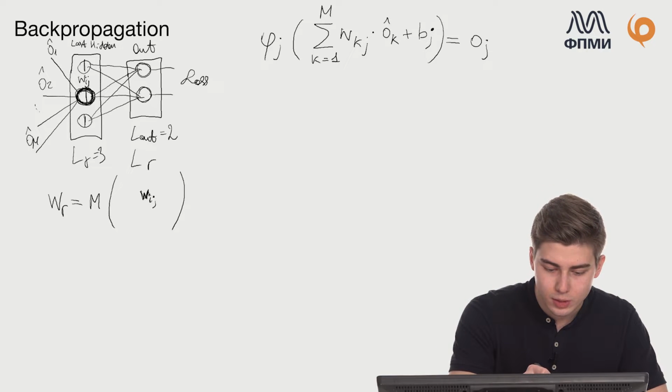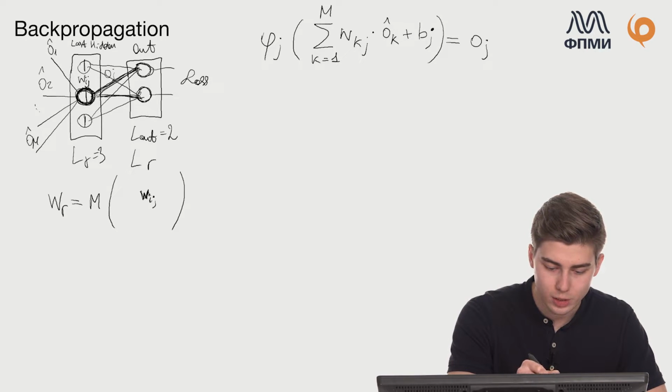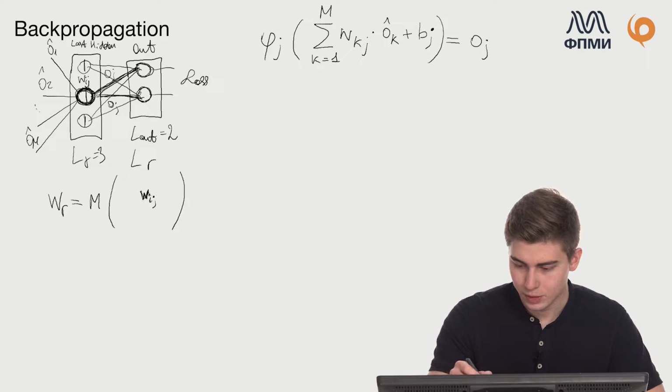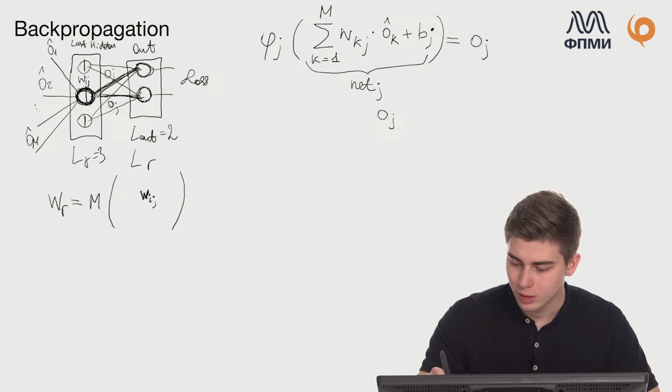And let's draw it here. Here are the connections of this neuron to the next neurons. Here's O_j. Let's denote this by net_j. So O_j equals phi_j applied to net_j.